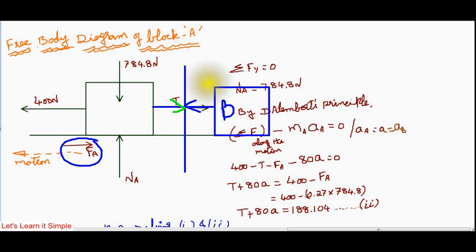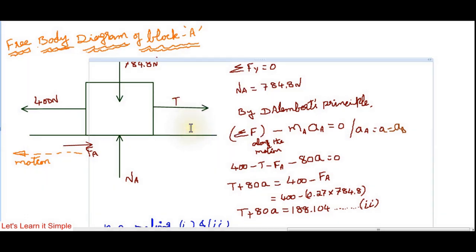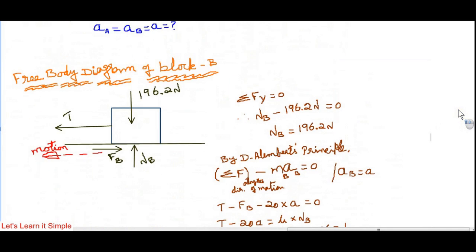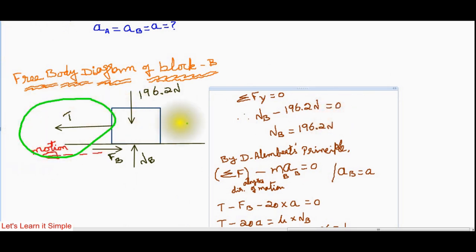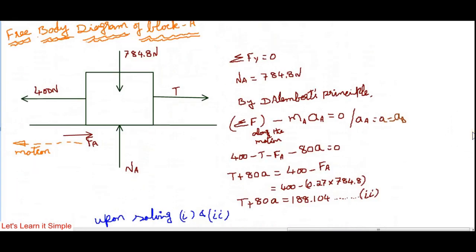For block B, tension will be acting to the left, and for block A, tension will be acting to the right. You can see here, the tension is acting to the left, and here the tension is acting to the right.